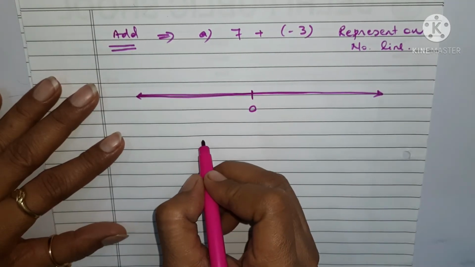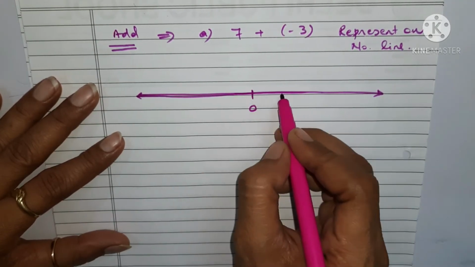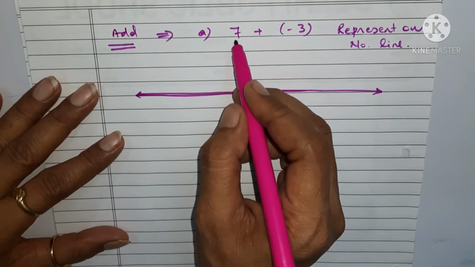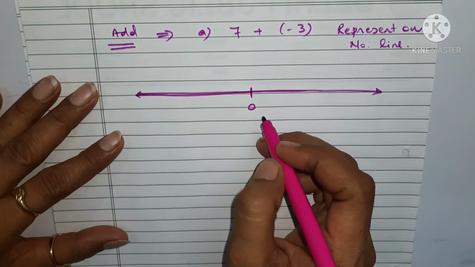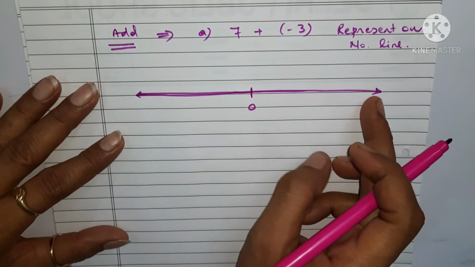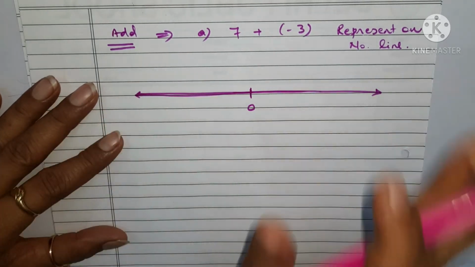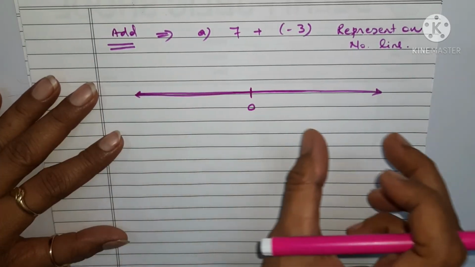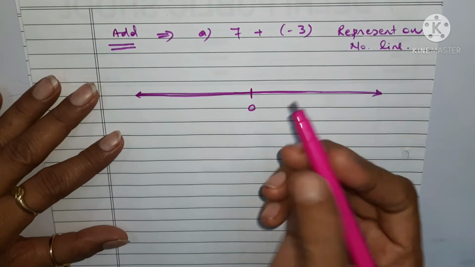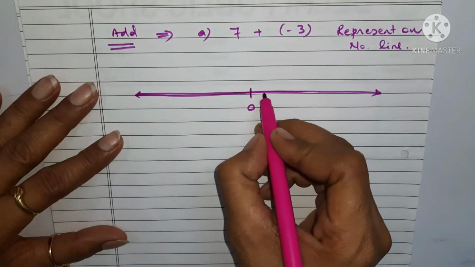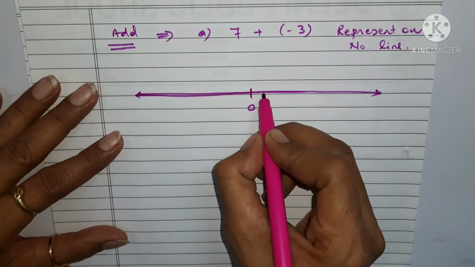Towards the right side, the bigger number here is 7, so take at least one more, up to 8. Draw 8 equal markings. From right and from left, all the units should be equally placed. Use a ruler, so it will be more accurate.